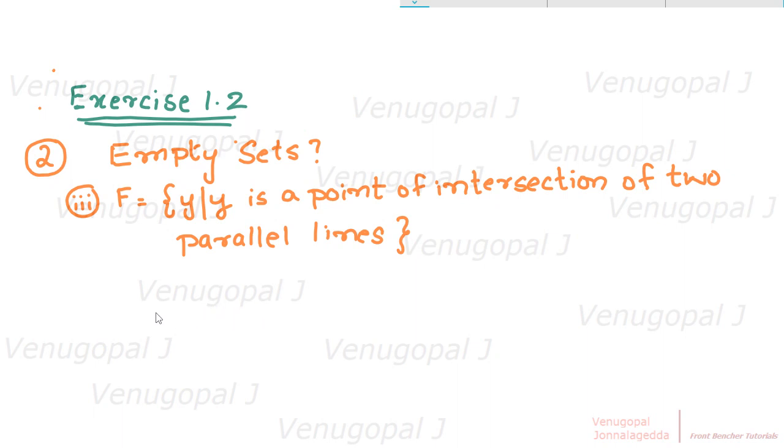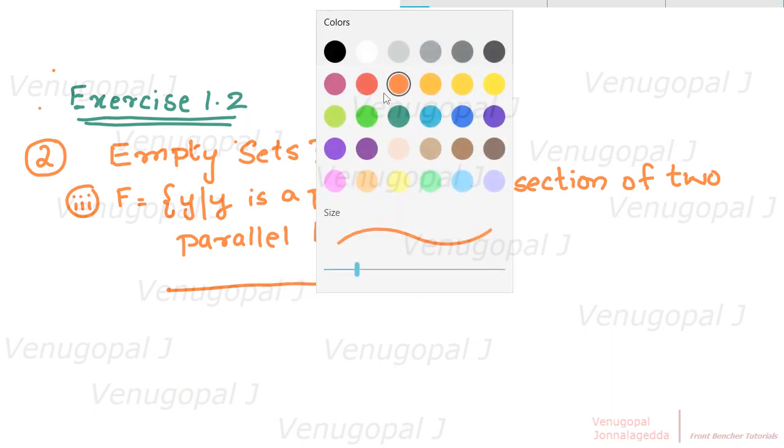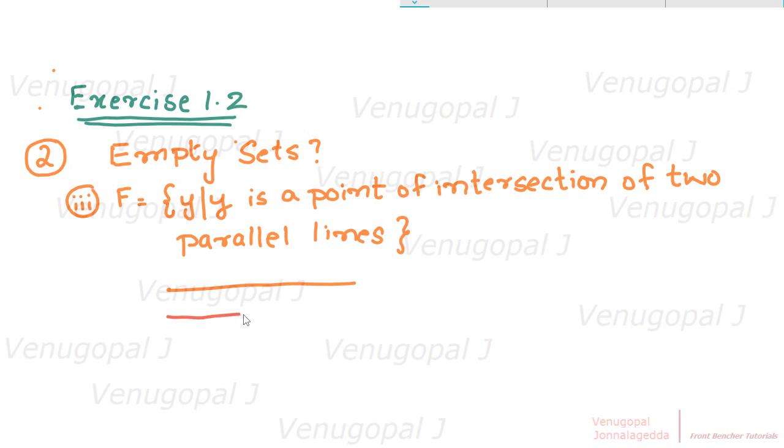So what are parallel lines? Parallel lines are two lines that never meet each other. This set asks where y is a point of intersection of two parallel lines, L and M. Since there is no intersection between two parallel lines, if L is parallel to M, then there is absolutely no intersection point.